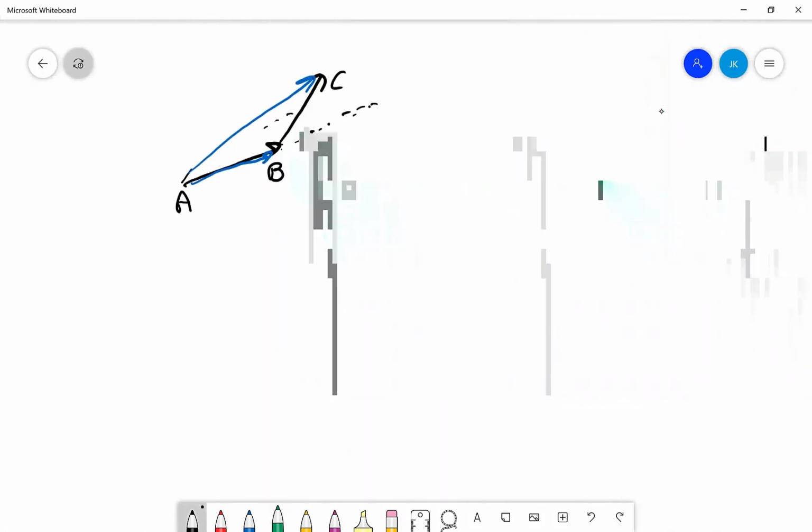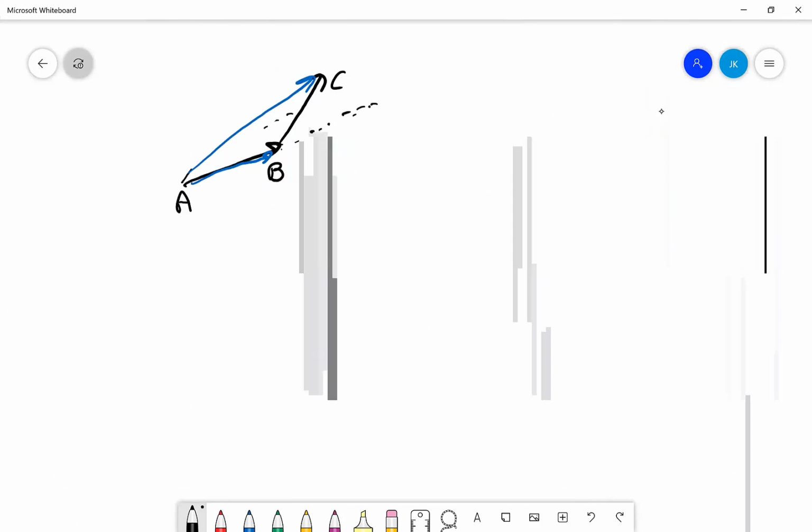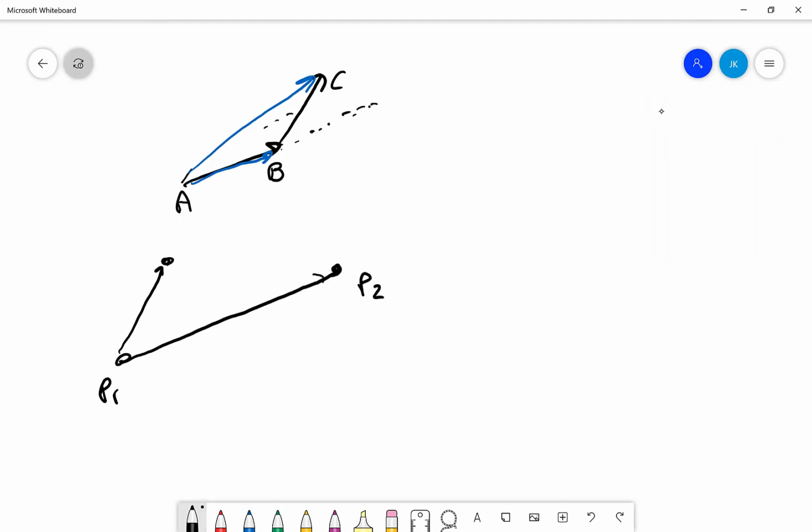Now that we've talked about vectors a little bit, let's go back briefly to lines. There is a way to find the distance of a point to a line. I can form the vector here. This is going to be P1, and I'll say this is P2, so this is my vector V. I'm going to form the unit vector V hat in that direction V. I'll form some other vector here, W, that is the point that I want to know.